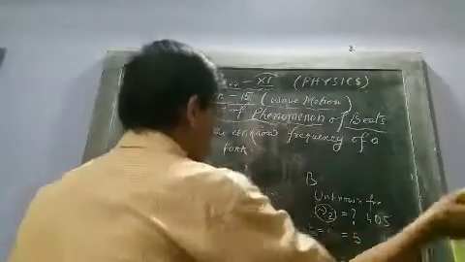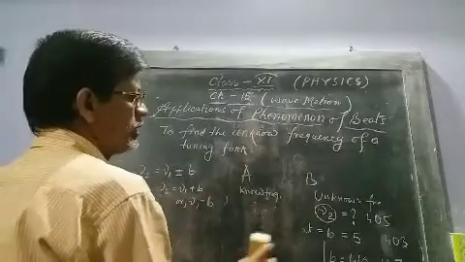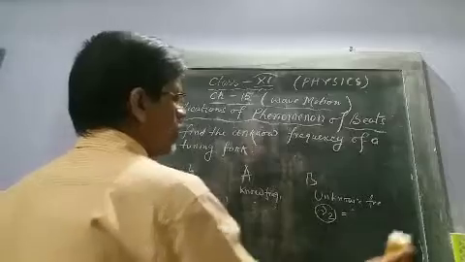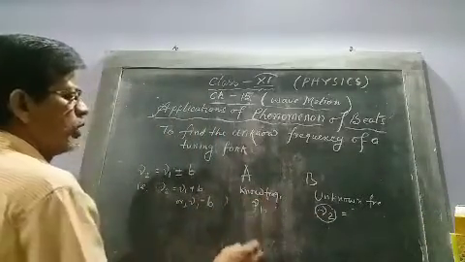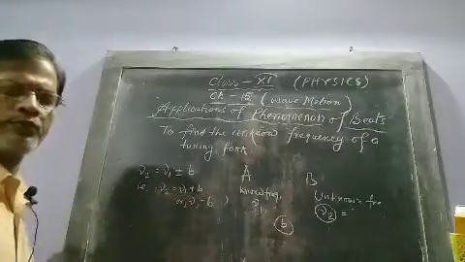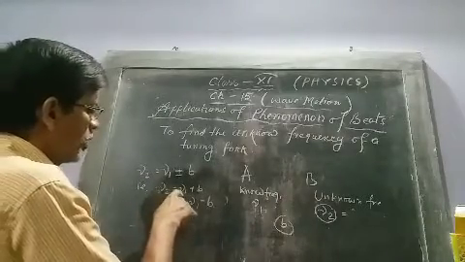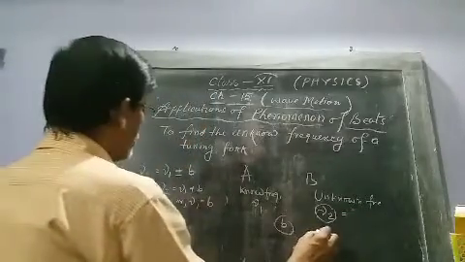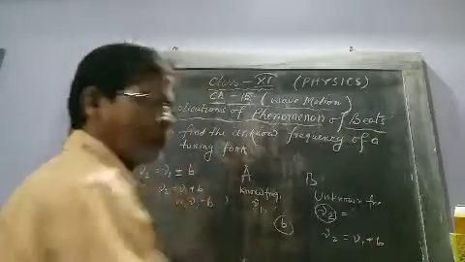If you file, then what will happen? On filing, say this is nu1, the beat frequency is b, so we will get these two. And first we consider nu2 equal to nu1 plus b.